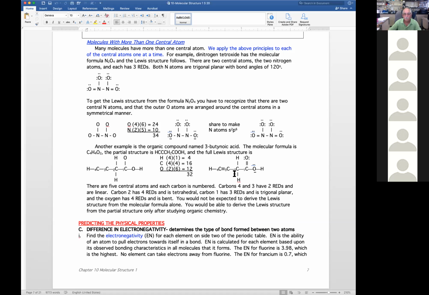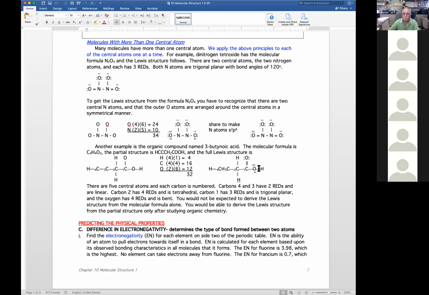What about carbon number 2? I got 1, 2, 3, 4 regions of electron density. That makes it tetrahedral. What about carbon number 1? I got 1, 2, 3 regions of electron density. That makes it trigonal planar. What about the oxygen?